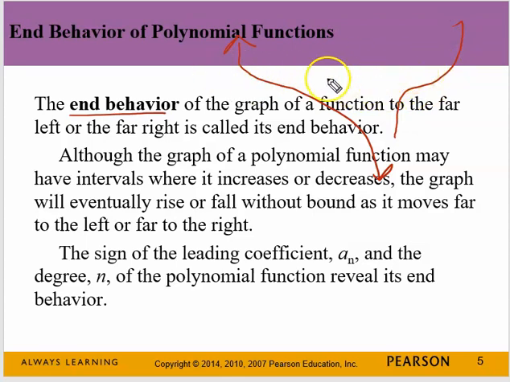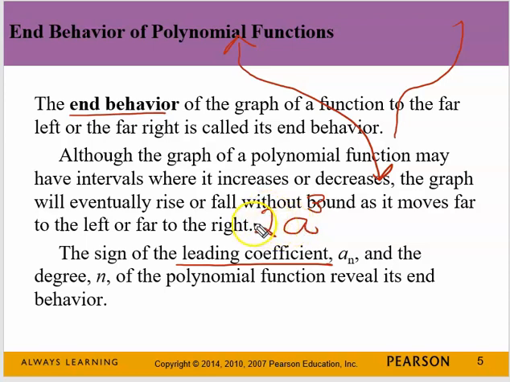And all of this will depend upon your leading coefficient. Now, what is the leading coefficient? Again, reflecting what we had said. Well, if you have a function to, let's say, the third degree, your leading coefficient is whatever is in front of this.